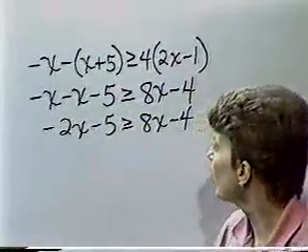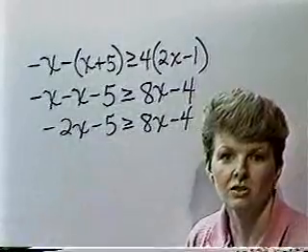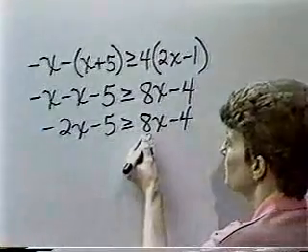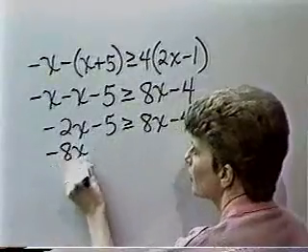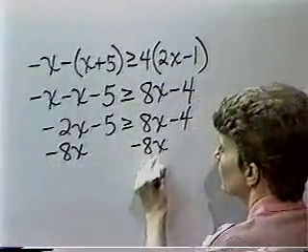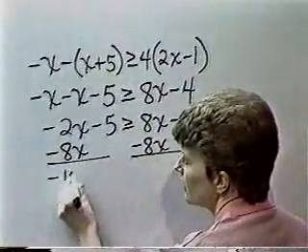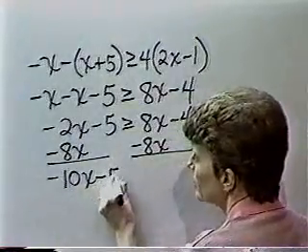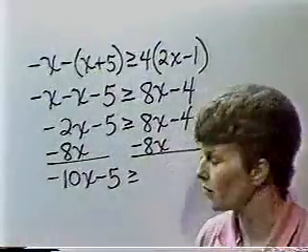Then strictly out of habit, I'm going to move my x's to the left and my constants to the right. All right, to move this 8x, I'll subtract 8x from both sides of the inequality, and I'll have negative 10x minus 5 is greater than or equal to negative 4.